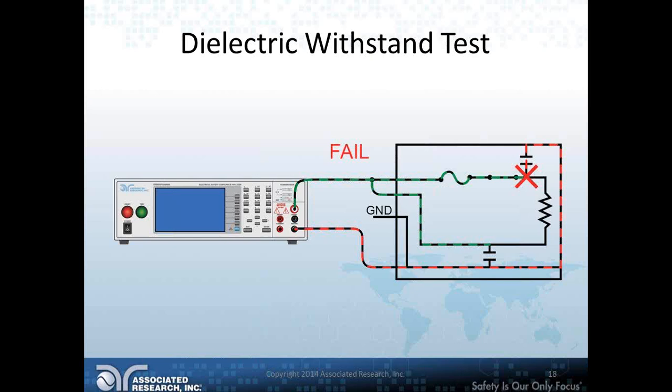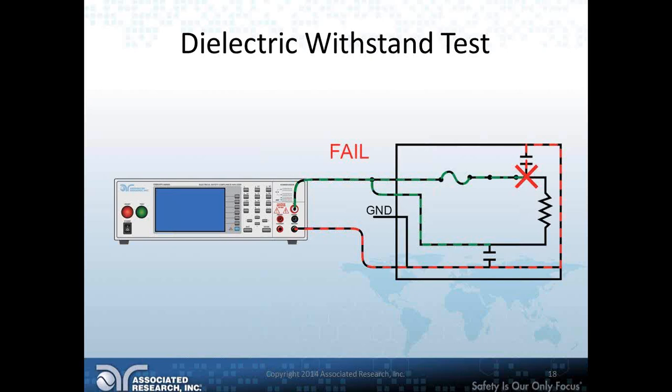The dielectric withstand test can be performed both in AC and DC mode based on the safety standard, and the test parameters, the voltage settings and thresholds, and failure settings are all based on the standard that you're trying to comply with and the manufacturer themselves.